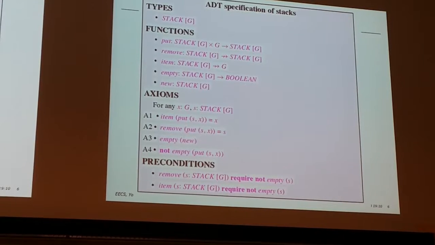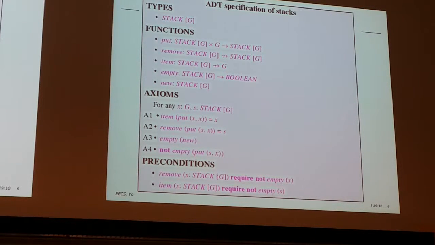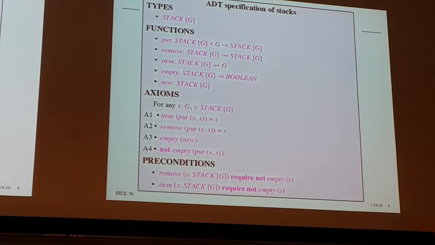Let's try to read this. Here we're defining a type called STACK, parameterized by generic parameter G. By now we should know this G should not clash with any known class name. When I later define the functionality of this stack class, I wouldn't care what G will be instantiated into.